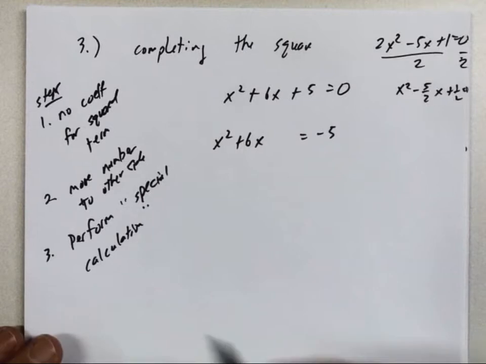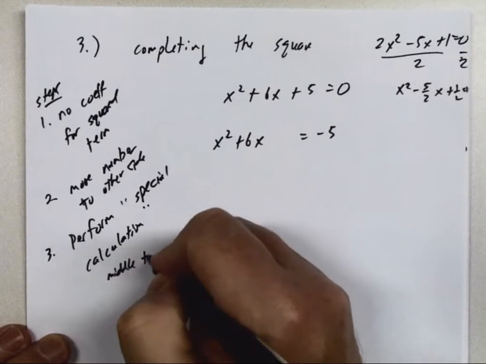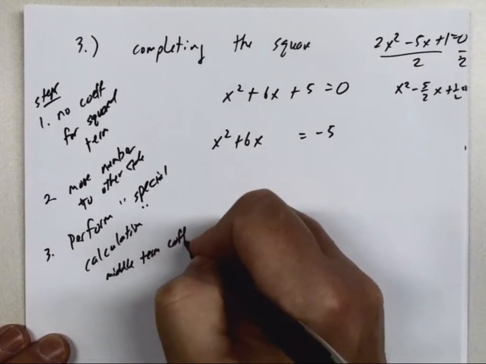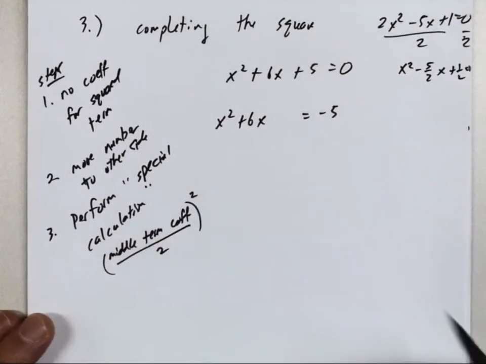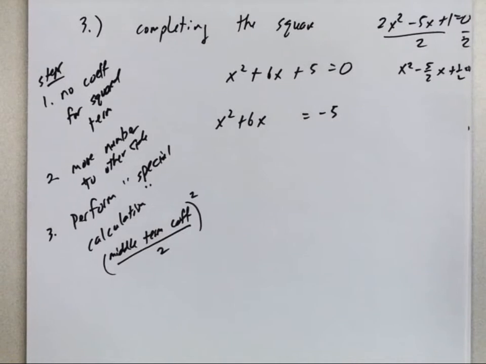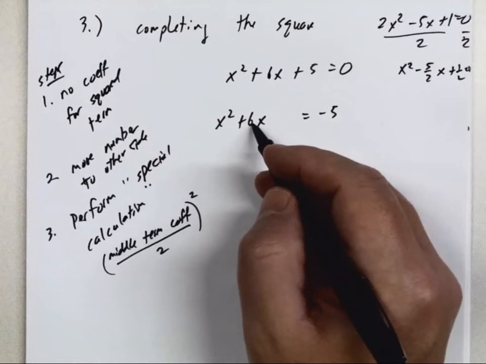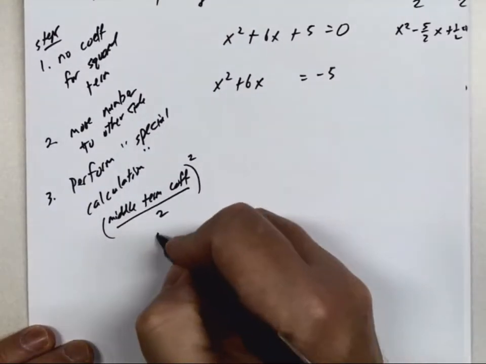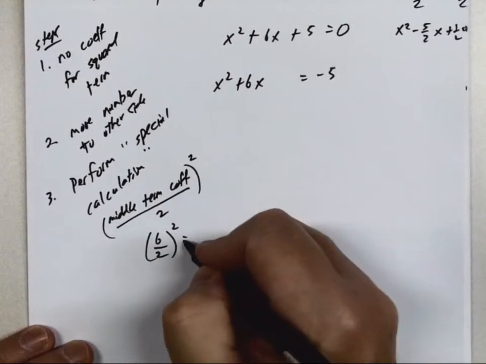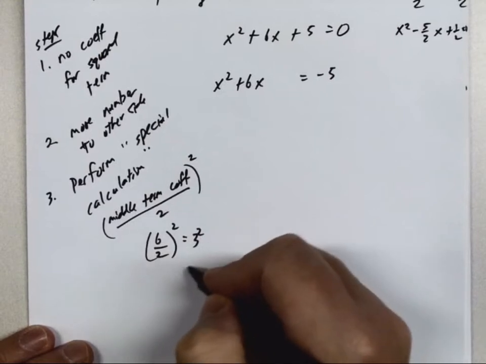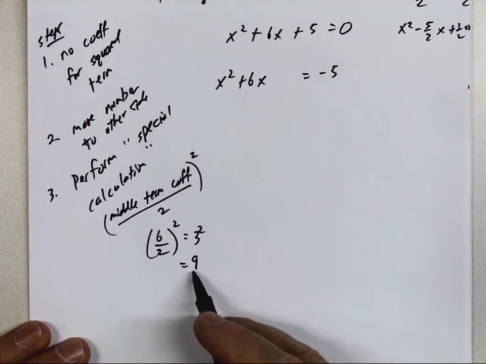The special calculation is when you take the middle term coefficient, you always divide it by 2, and then you square it. I call this my middle term, right? It used to be the middle term, I still call it the middle term. So you take the middle term, divide it by 2, and you square the whole thing. So that's 3 squared. All right, I just did my special calculation.